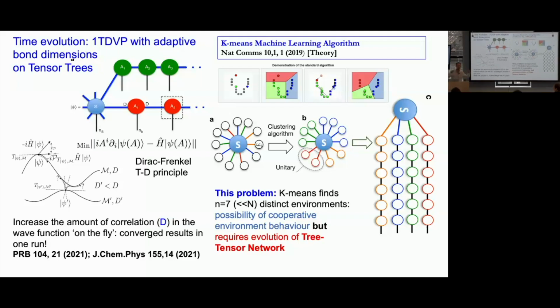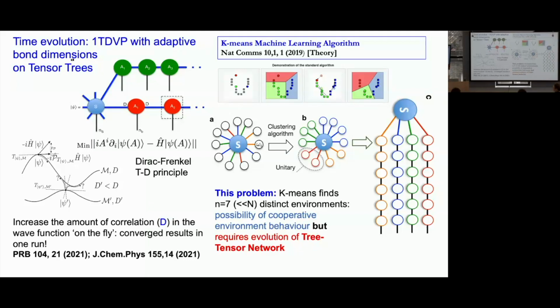It works on the tangent space of the manifold of states at fixed D. So you would run dynamics at some D and then run them again and again at different, higher bond dimensions, until some sort of convergence criterion is met.